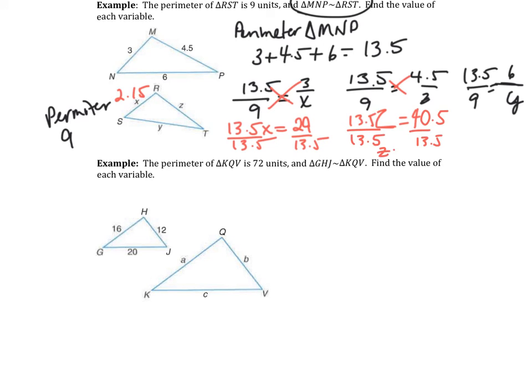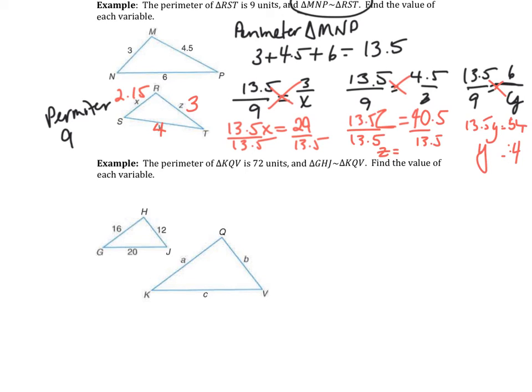And I've got z is equal to 3. And then the last one here, 13.5y is equal to 54. 54 divided by 13.5 is 4, so y is equal to 4.